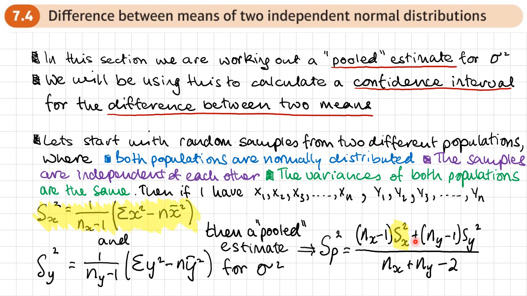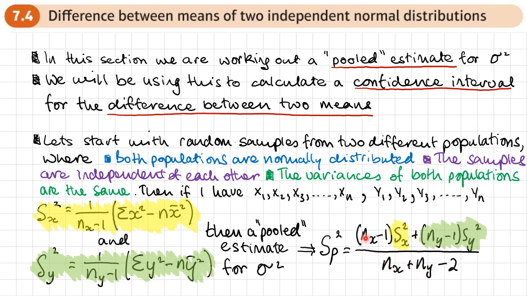And then we add to that the number of samples in my second population, minus 1, times the unbiased estimator for population Y, so that comes from here. So again, all of this calculation needs to be done, and then that goes into the formula, and then that all gets divided by the number of samples in both populations added together, take away 2.